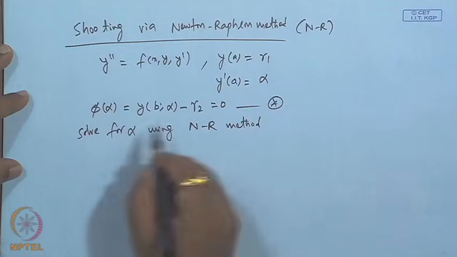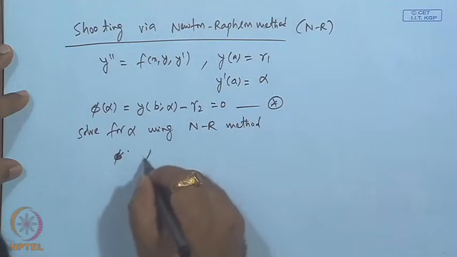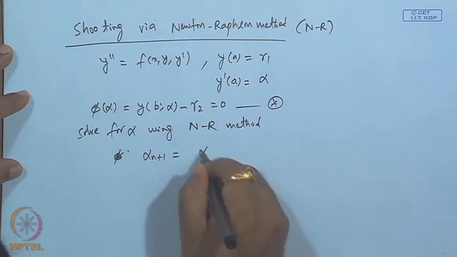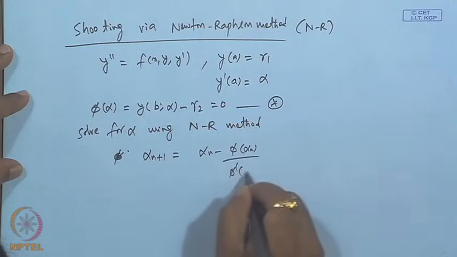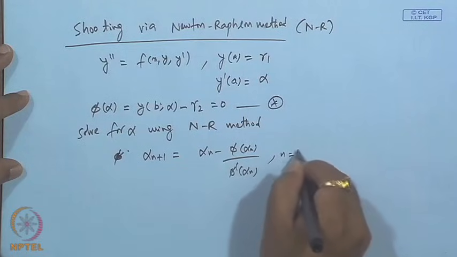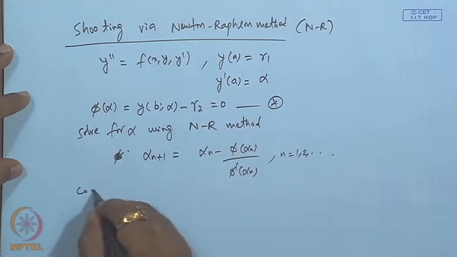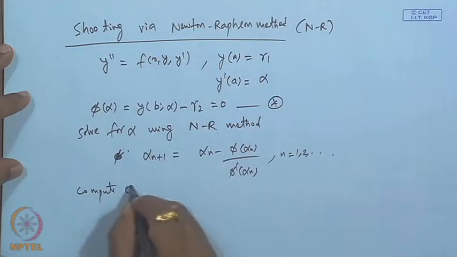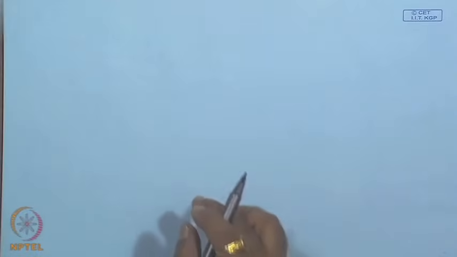Now, if you want to define the Newton-Raphson method, we have to compute... So, the issue is how to compute phi dashed of alpha n.